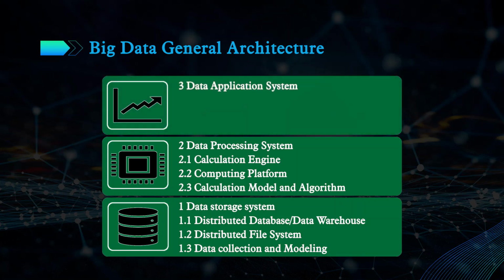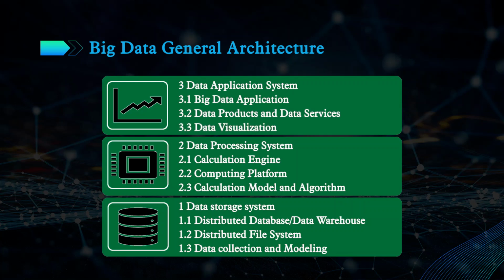And the third layer: based on the data storage and the data processing results, customized big data applications can be built, which includes big data applications, data products and services, and also data visualization. With the help of the processing system, all the needed data has already been calculated and modeled.